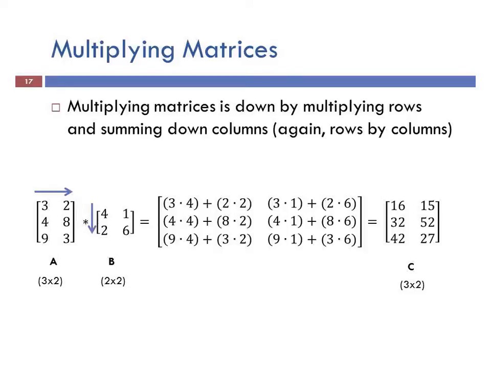Then I'm going to do the second part, 3 by 1, multiplying by rows, and 2 by 6, multiplying by another row, and then we sum up the columns. 3 by 1 gives me 3, plus 12 gives me the 15 that I result in here.